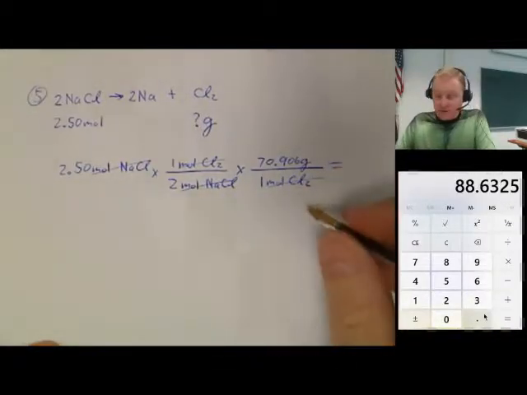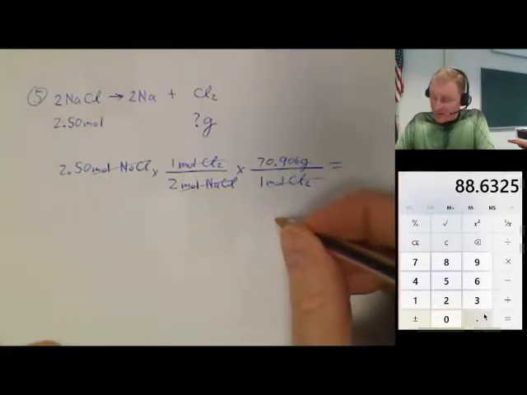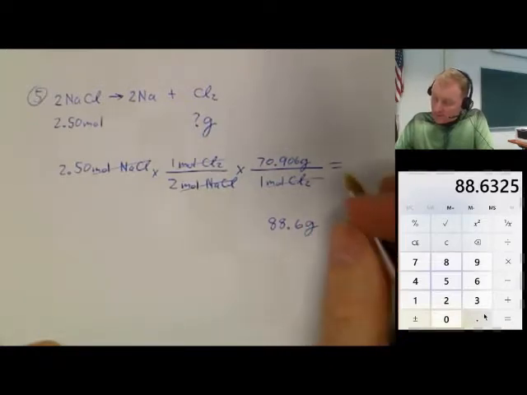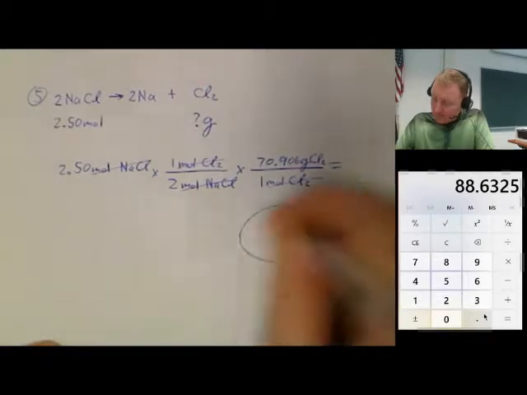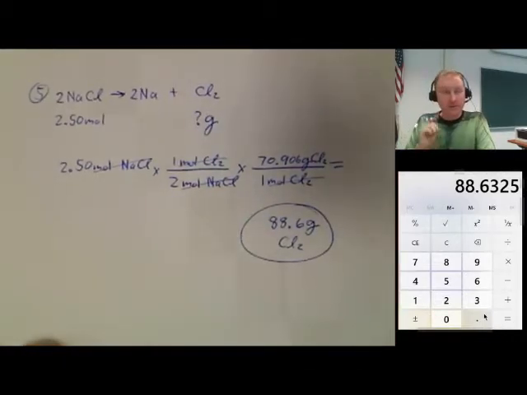And so my answer to this question, with 3 significant figures, I would record it as 88.6 grams of chlorine. And that is workshop 9.1.